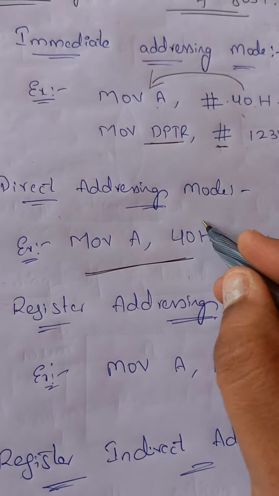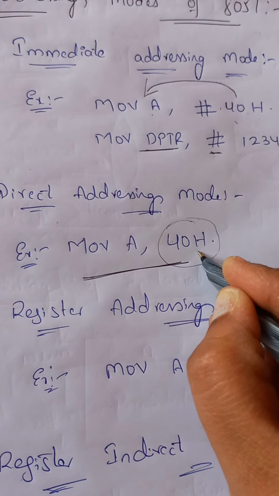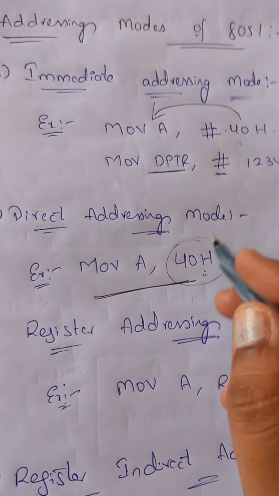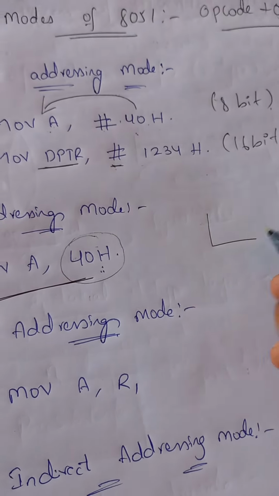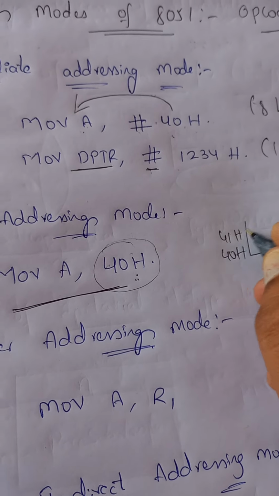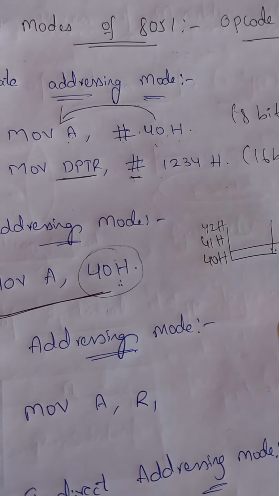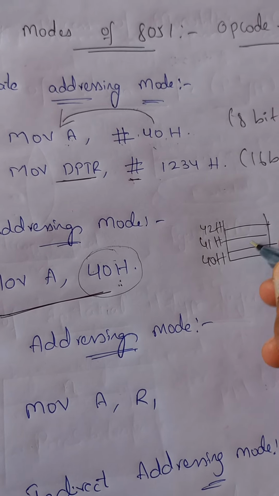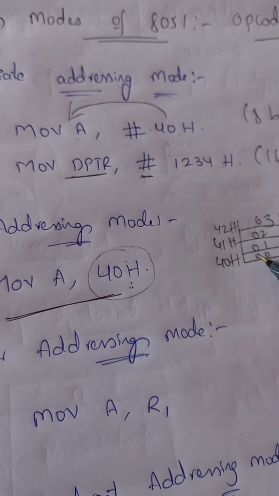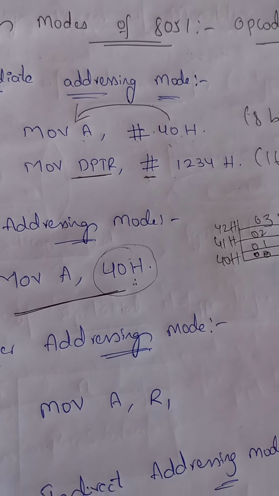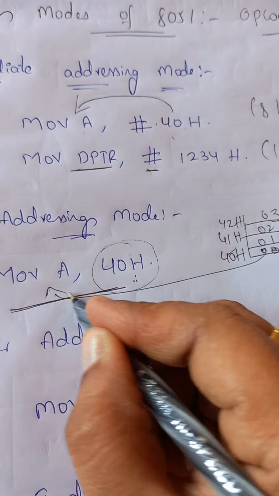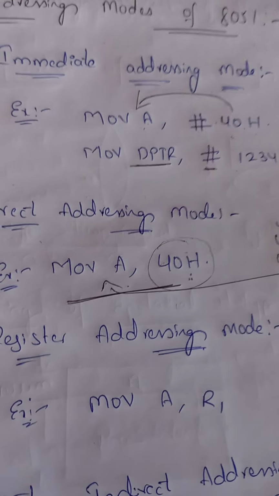The contents of the 40H memory location will be moved into A. For example, suppose there are memory locations with addresses like 40H, 41H, 42H, holding different values: 00, 01, 02, 03. The value 00 will be moved into the A register. So here we have a direct one.